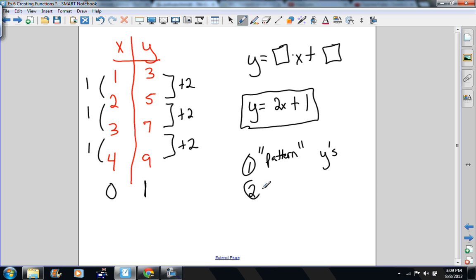Step number 2 is that starting value, and that's the y value when x equals 0. So remember, it's not 0, it's the number across from it. Okay, so that's the whole pattern to creating these equations.